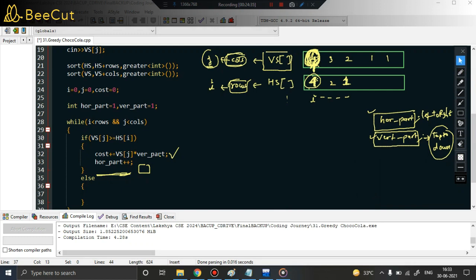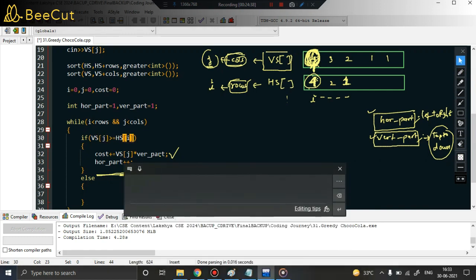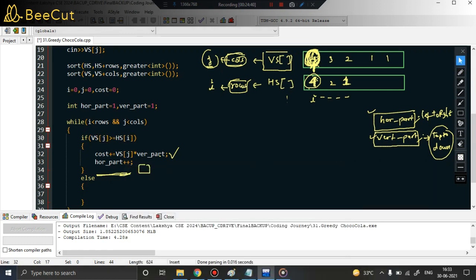Now if vs of j is not greater than or equal to hs of i, then you are going to perform a horizontal cut. So this one will perform a vertical cut, and this one will perform a horizontal cut.